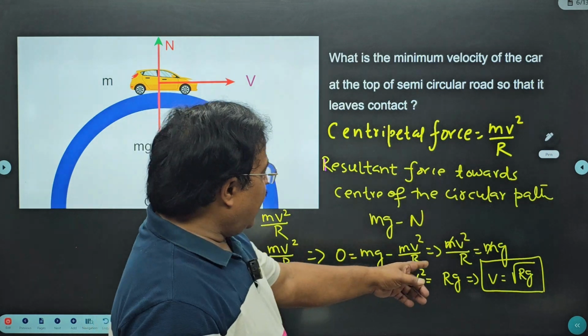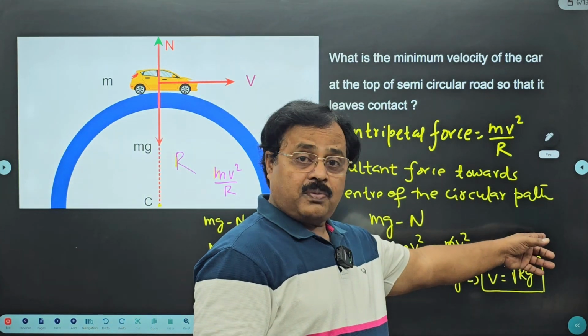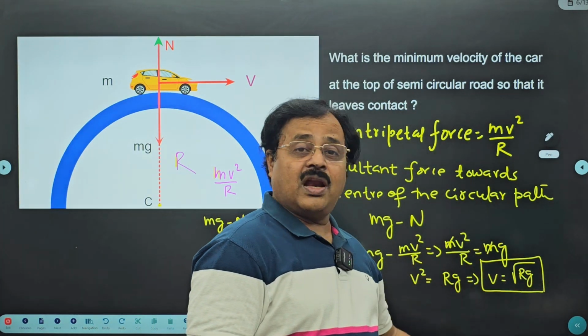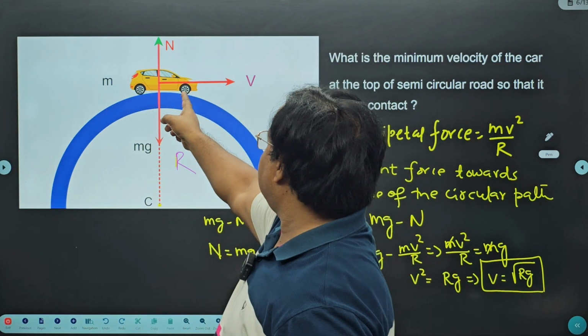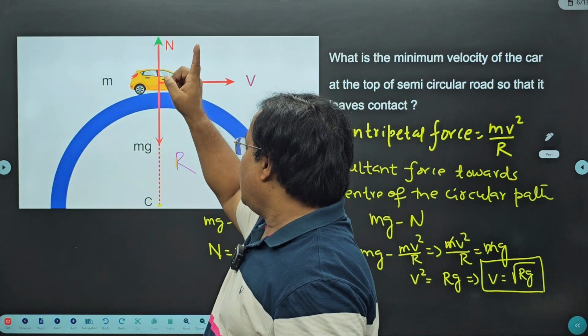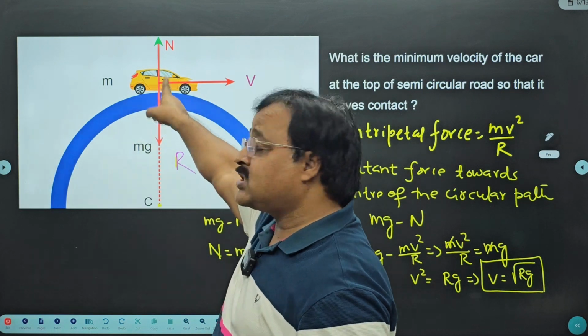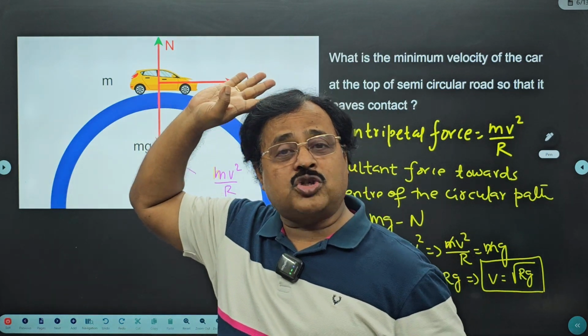Okay, if the speed is root over of the radius of the path into the acceleration due to gravity, this is the minimum speed at which this car leaves the semicircular path at its topmost point.